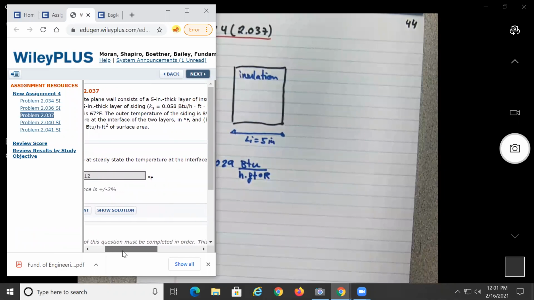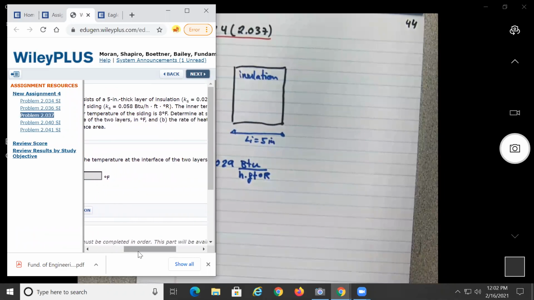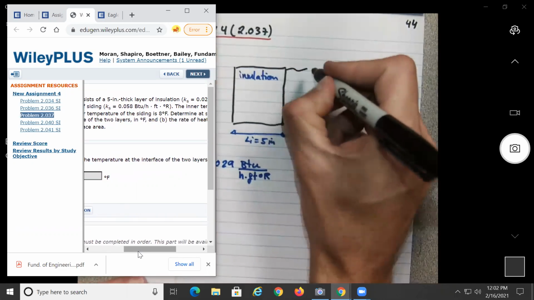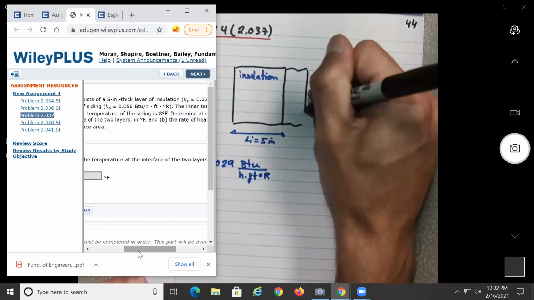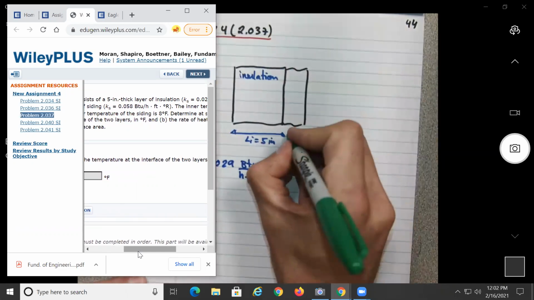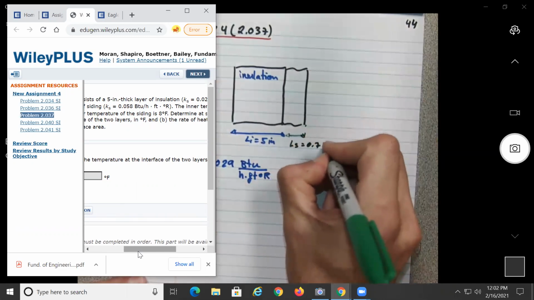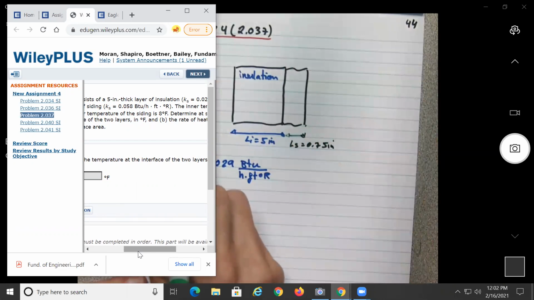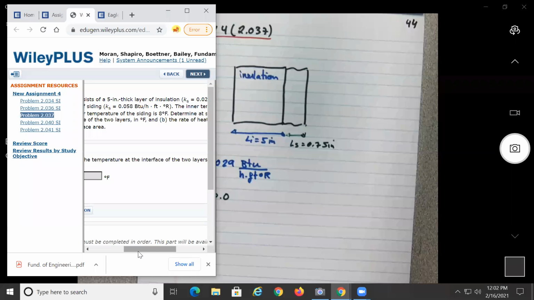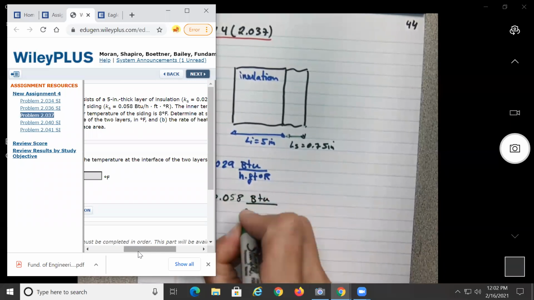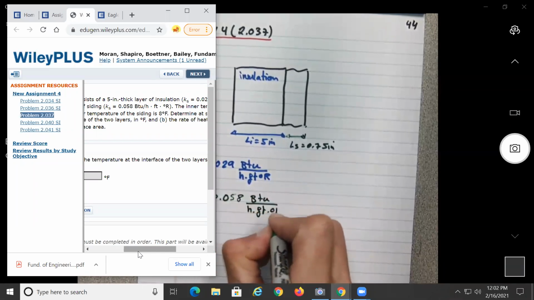And a 0.75 thick layer of siding, K sub S equal to 0.058. So let's say L sub S equal to 0.75 inches, K sub S equal to 0.058 BTUs per hour foot Rankine.